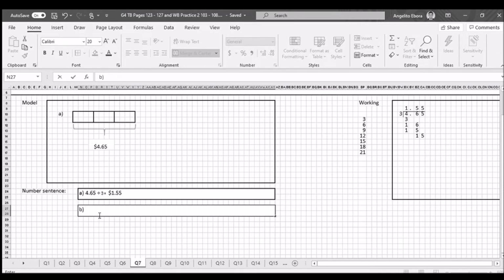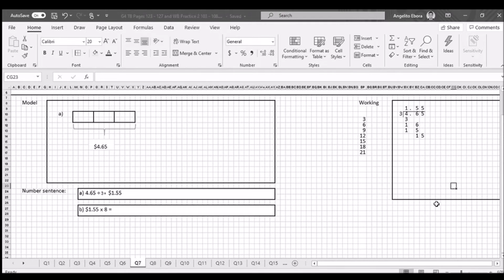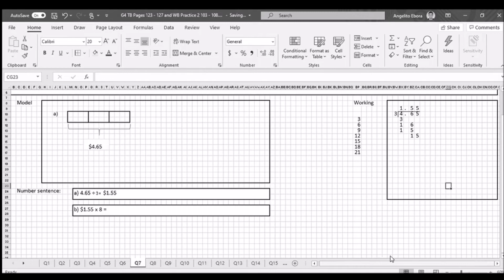So to find the answer, we just have to, you guessed, multiply. Very good. So we have to multiply. So $1.55 times 8 is equal to blank. So let's do the working. This is for letter A, and this is for letter B.